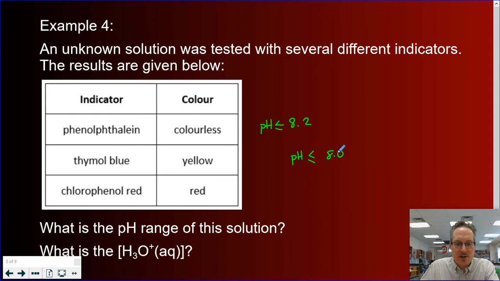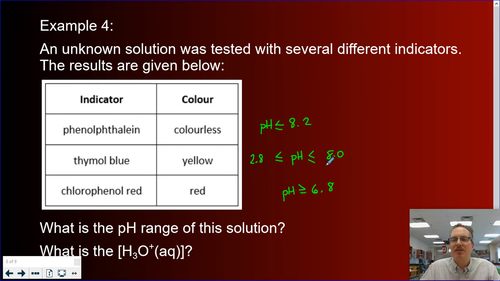And thymol blue is also yellow when the pH is greater than or equal to 2.8. So quite a range there for yellow. And then chlorophenol red is red when the pH is greater than or equal to 6.8.